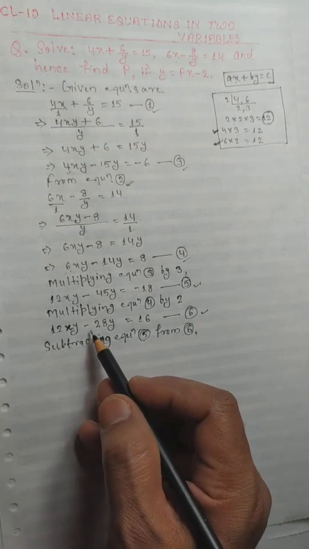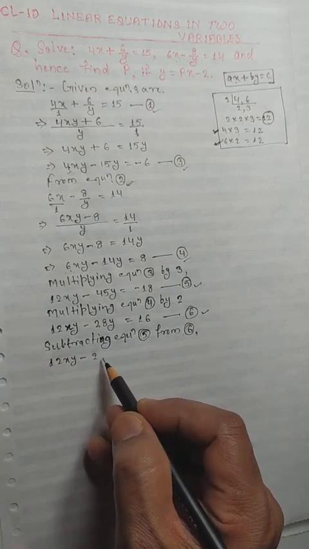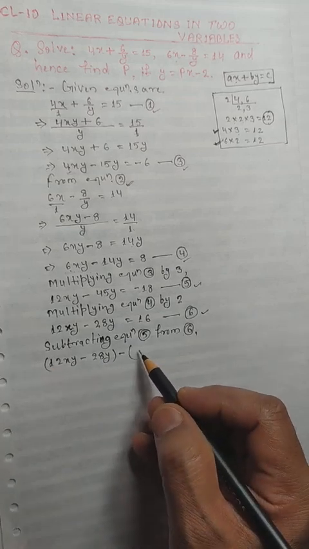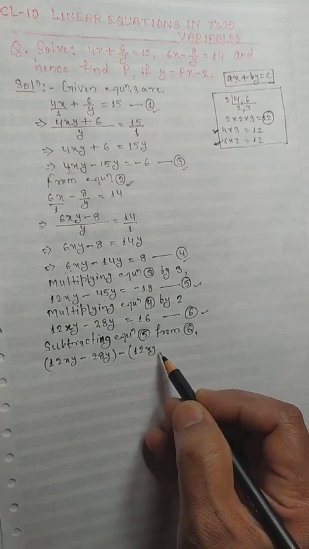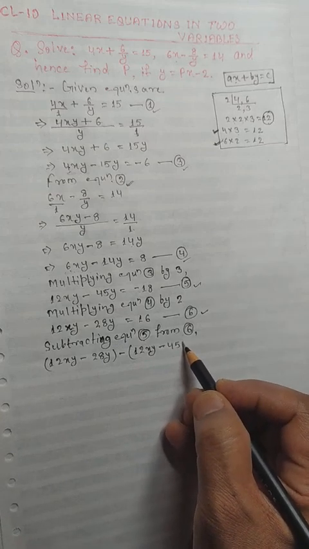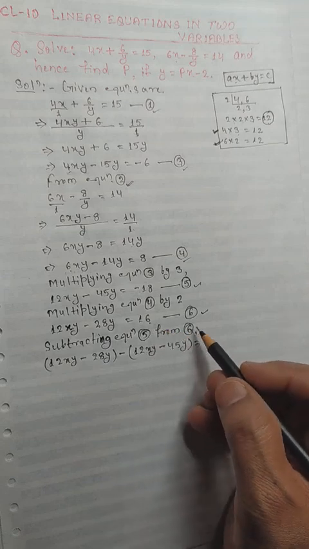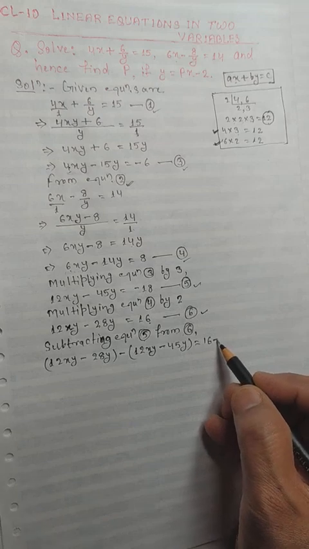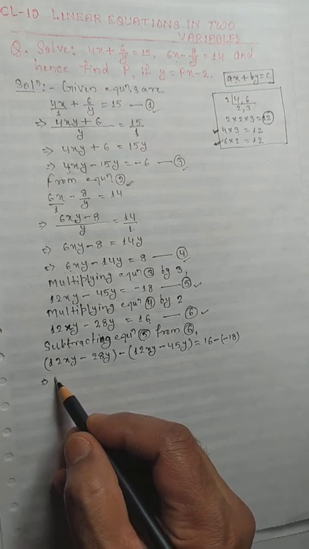That means equation 6 part will be first: 12xy minus 28y. Since we are going to subtract, we will put both binomials in brackets: 12xy minus 45y is equal to RHS of equation 6, 16, and RHS of equation 5, minus 18. Remove the bracket now.